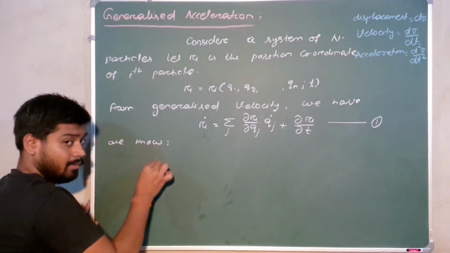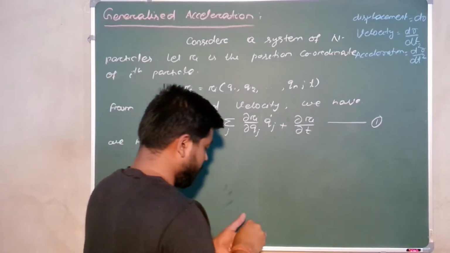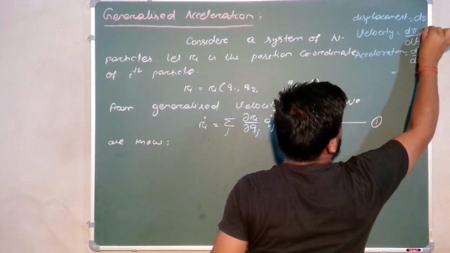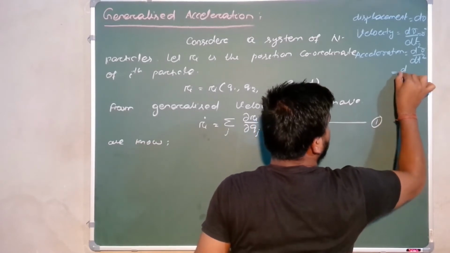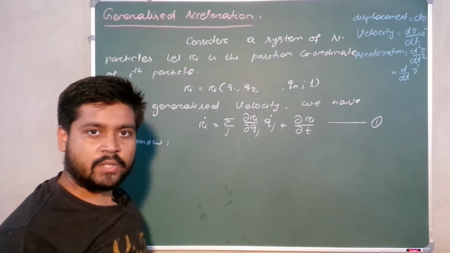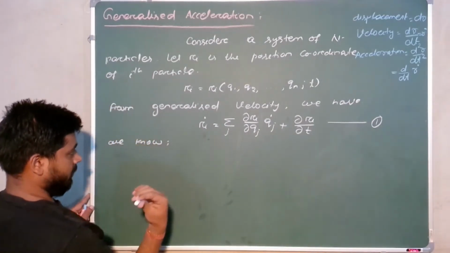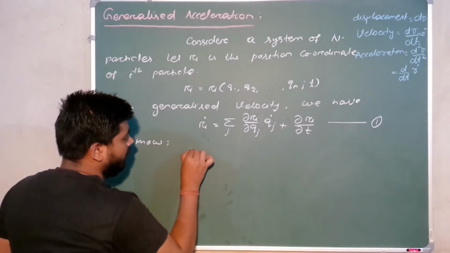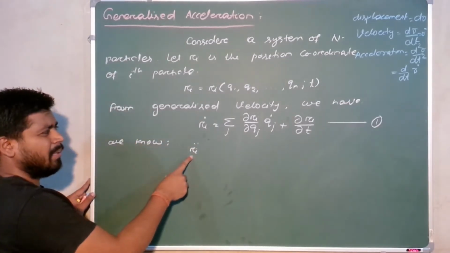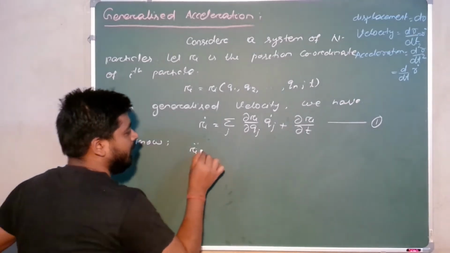We know acceleration is d square r by dt square, or you can write d by dt of r dot. Just write Ri double dot. Single dot represents velocity, double dot represents acceleration.